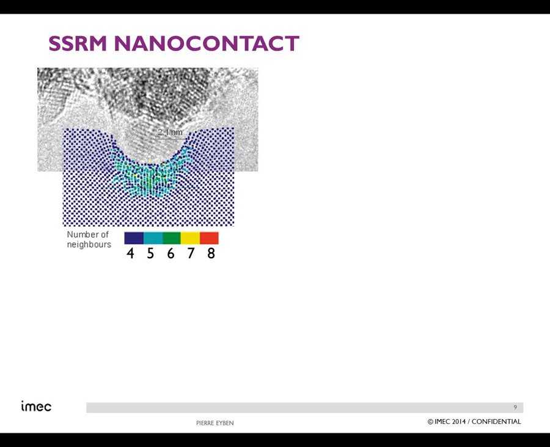What's happening when we start to indent and apply the kind of force that gives a pressure in the range of 1 to 10 gigapascal below this very sharp tip indenter?